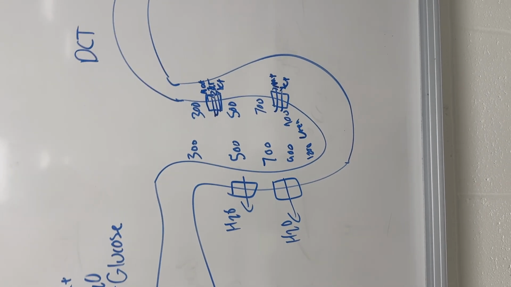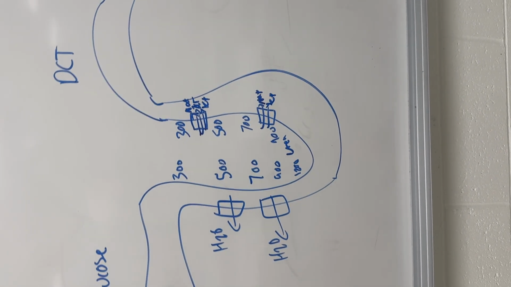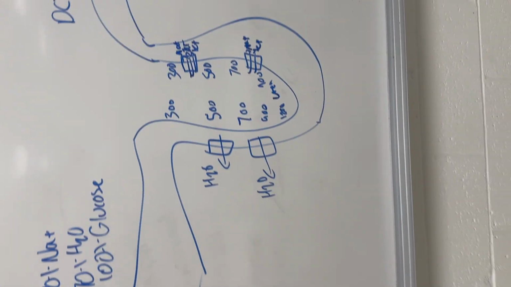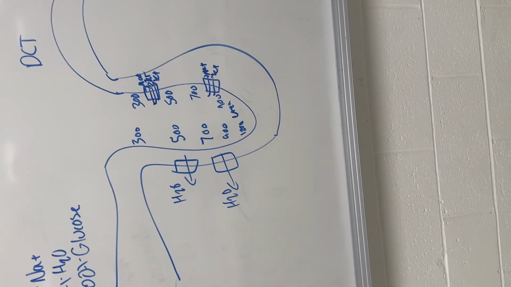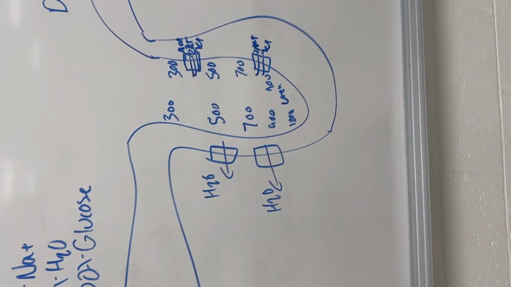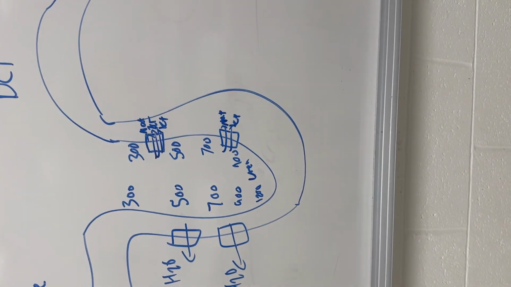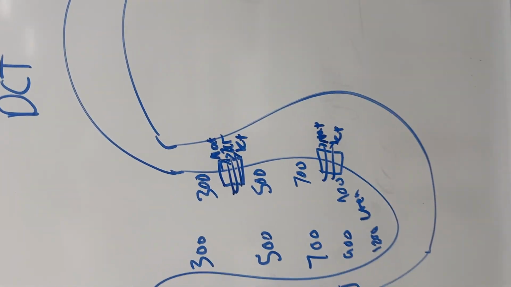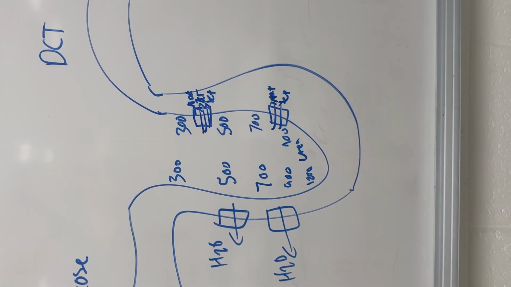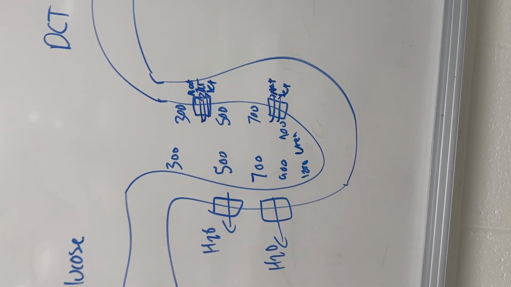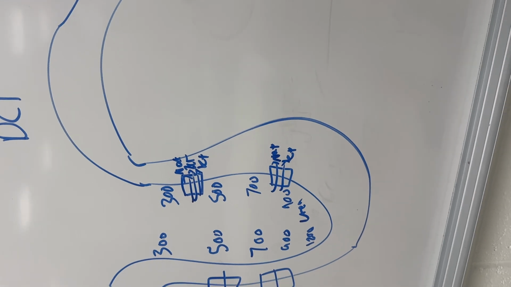So if we're decreasing water in the tubule, that's going to increase our concentration of ions in this gradient here. And then on the other side, on the ascending, we're going to reabsorb all of those ions into the blood. And so this is going to dilute our tubule, and our osmolarity is going to move back up.